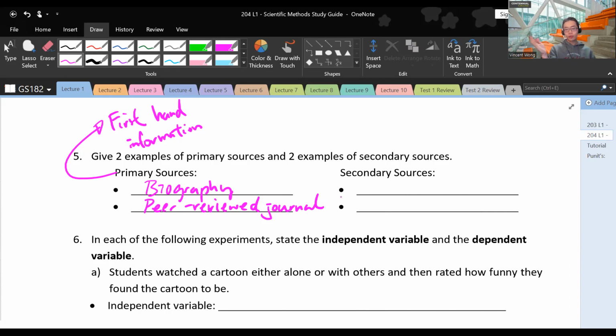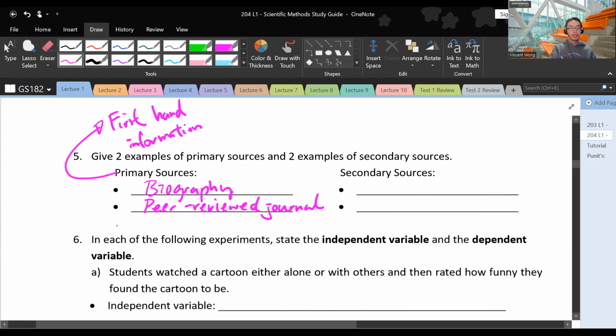If you want to publish your result in the official journals, other experts in the field have to look at your result, give you criticism and suggestions, and make sure that your work is properly conducted before you are allowed to publish it. So those tend to be more accurate. They tend to be more reliable in terms of sources.